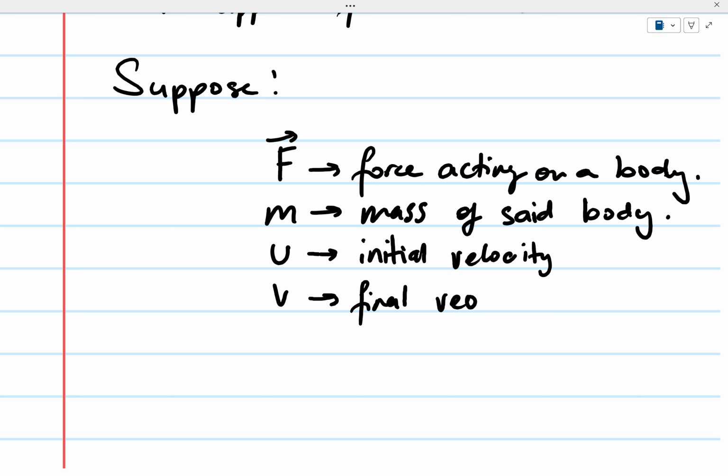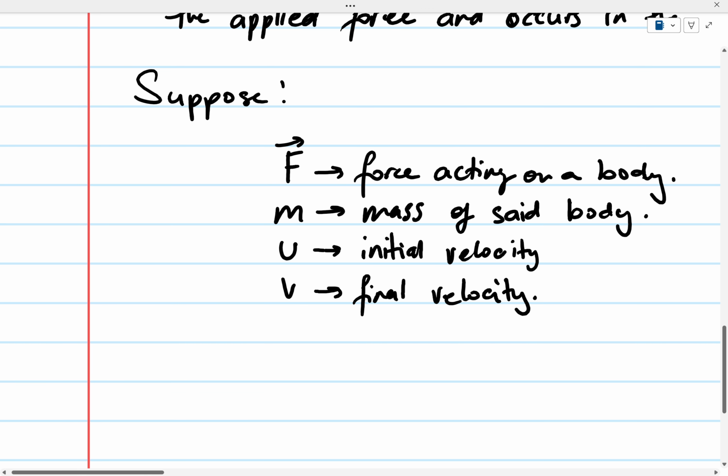So suppose we have these variables. What we're going to be looking at here is the change in momentum, because what does the law state? The rate of change of momentum of a body is directly proportional to the applied force and occurs in the direction of the force. So let's look at the change in momentum.